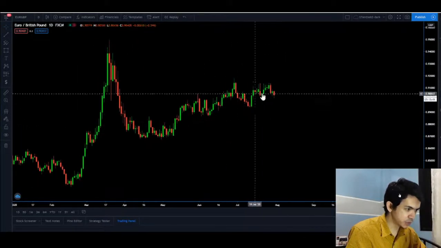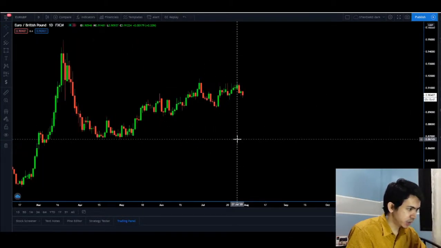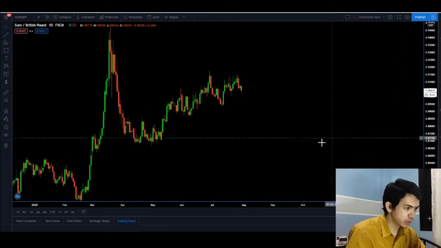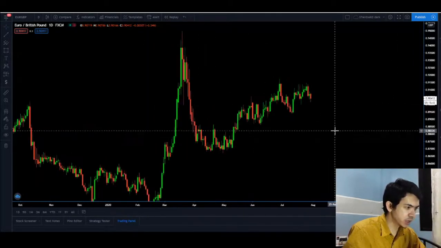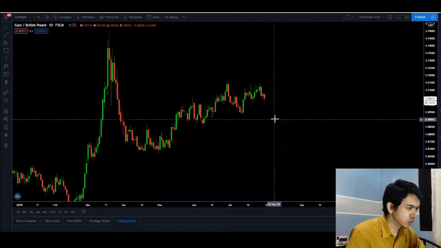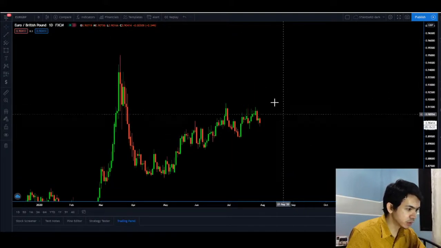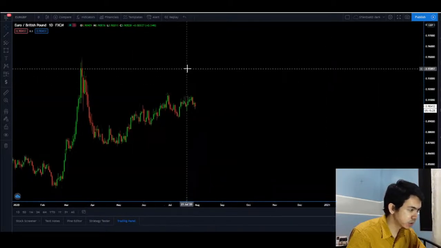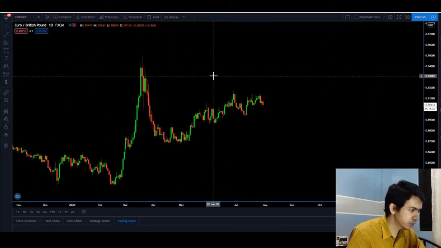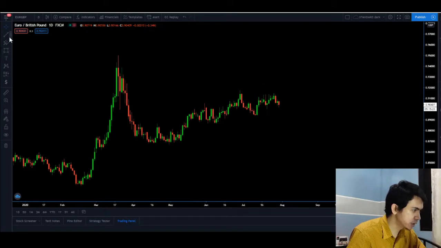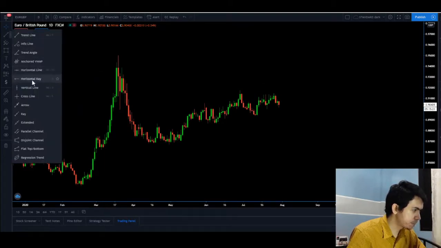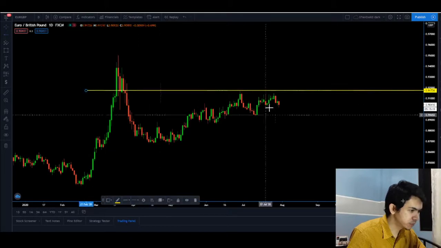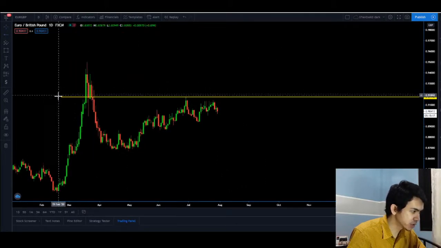That time the price was here. Prior to that entry, I would like to check first where I am in the bigger picture. If you can see here, we have a significant resistance.